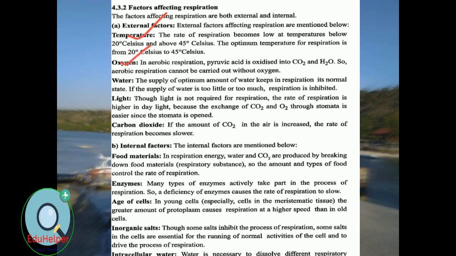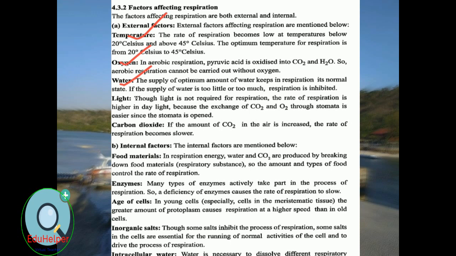And the second one is oxygen. Oxygen is also a very important, vital factor. Respiration decreases with decreasing available oxygen. The rate of respiration for most plants peaks around the normal oxygen level at that temperature. And water. Dry tissue has a lower respiration rate than hydrated tissue.